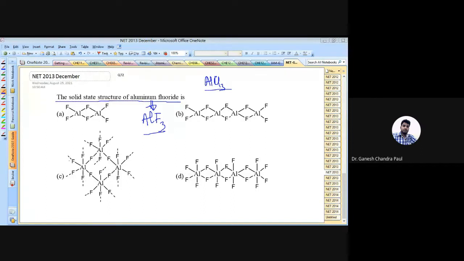If you look at all the structures here, this is the dimeric form. It is not acceptable; it would be acceptable if they asked for the solution state structure. This is also not acceptable. Option C is acceptable because you can see an octahedral kind of arrangement. So option C is the correct answer.